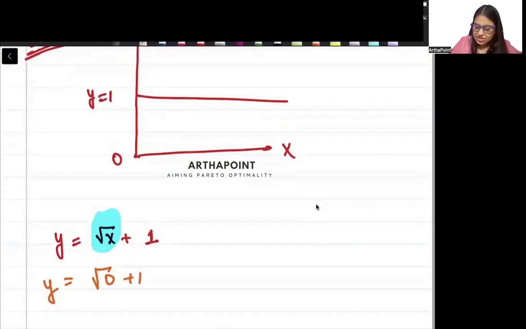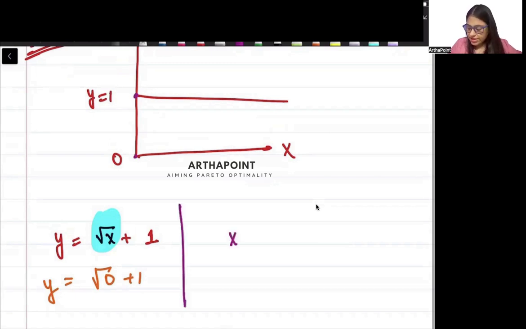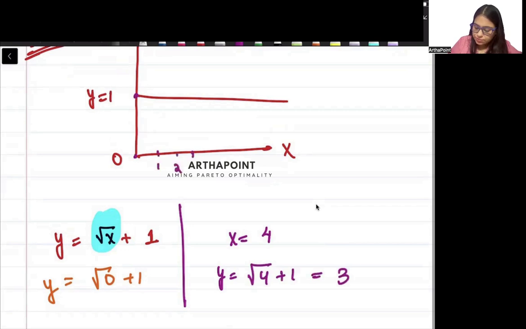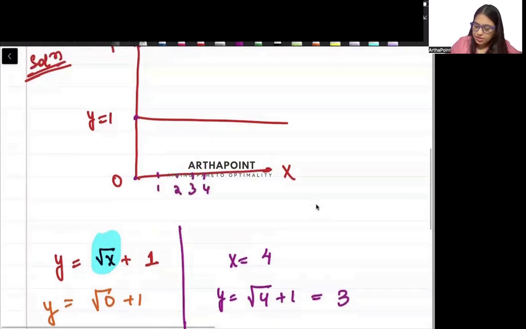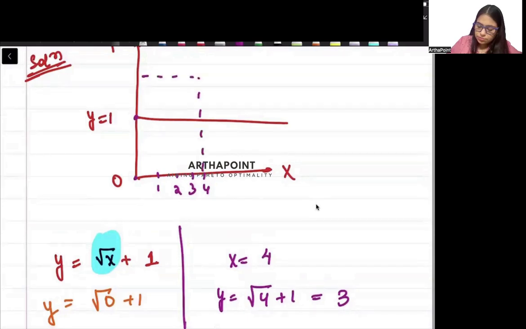So when x is 0, y is 1. Is this clear? Okay. Now, suppose I take x to be 4. What will be y? Root 4 plus 1, 2 plus 1, 3. So when x is 4, y will be 3.